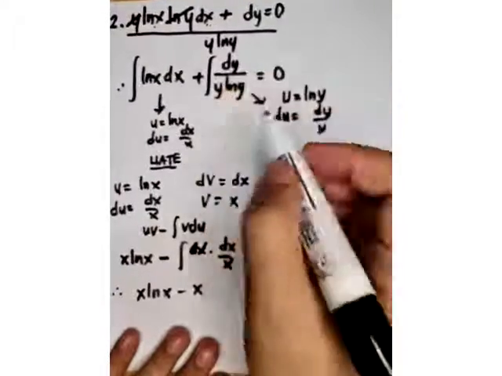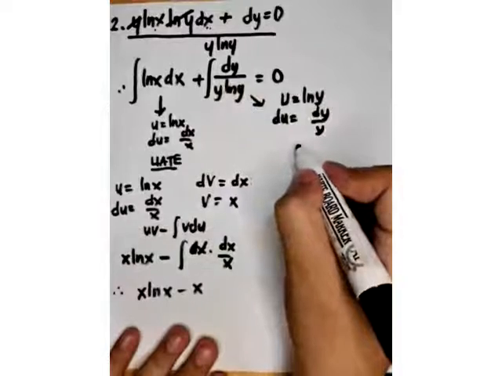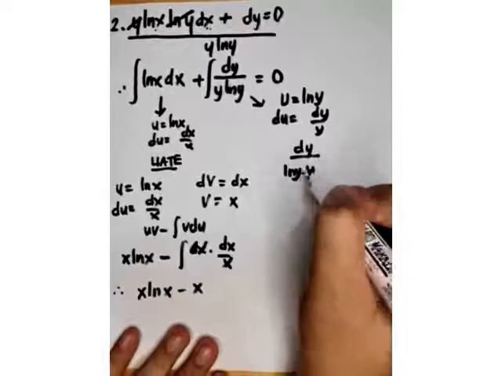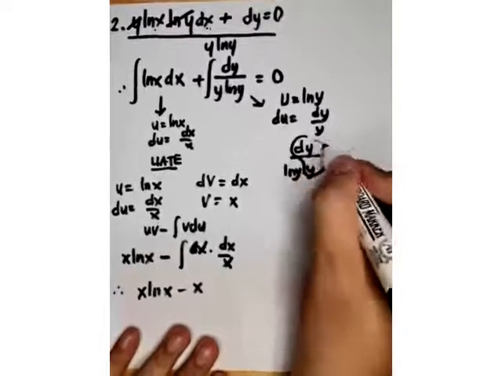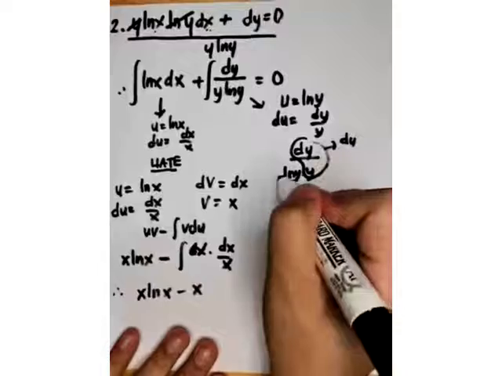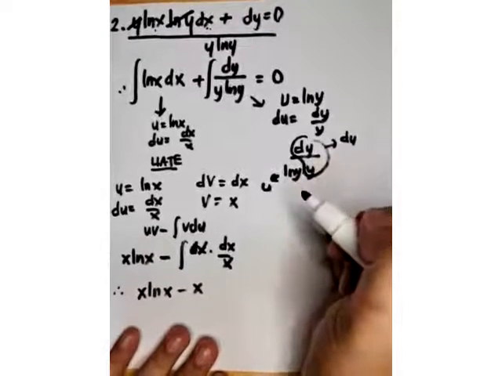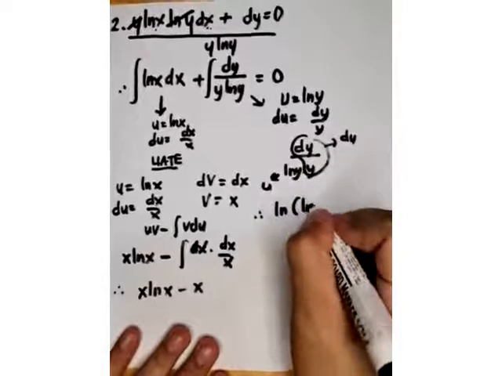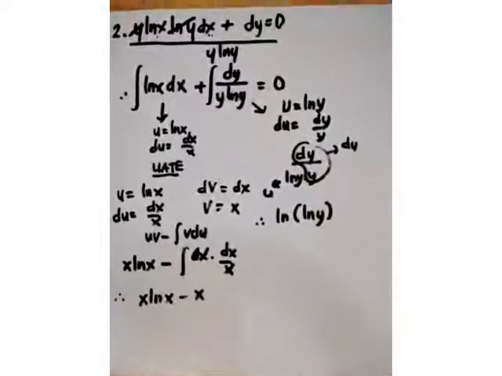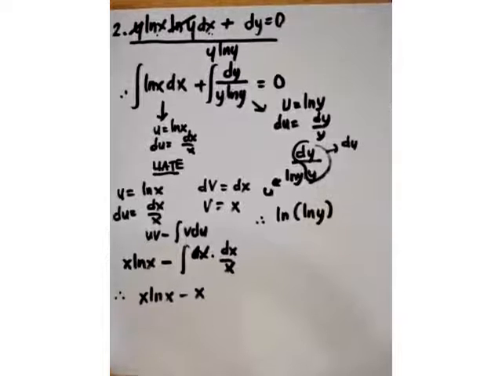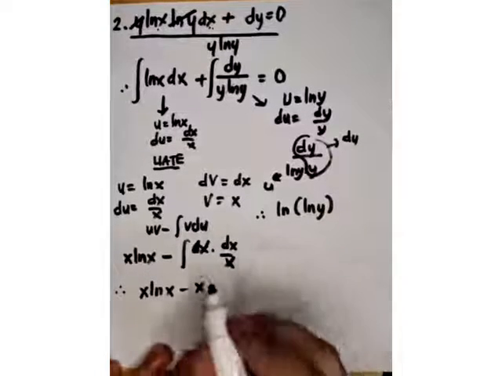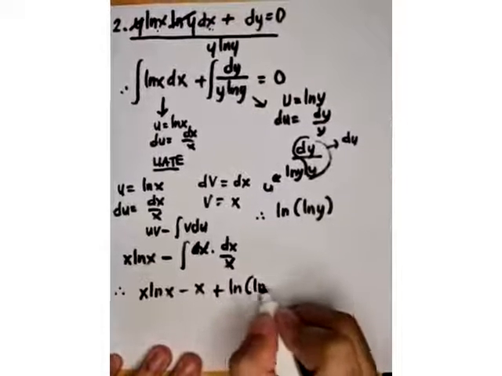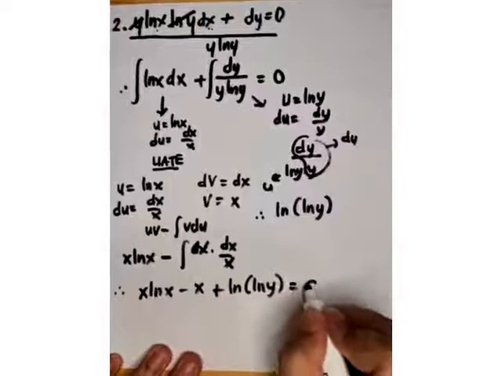Ayan. Di ba lumalabas yon? Di ba meron tayong dy over ln of y. Yung part na to, ito yung du. Ito ay yung u. Ayan. Since ln siya, so therefore ang sagot ay ln of y. Ayan. So that means ang sagot ay plus ln of y is equal to c. Ayan.